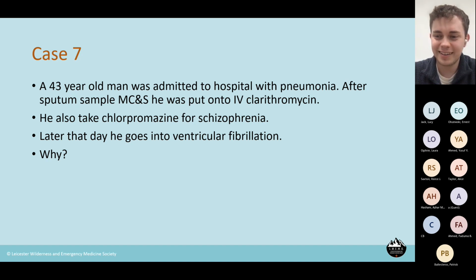It's definitely long something is what I'm getting at. Yeah, that's right, long QT, yeah. So clarithromycin and chlorpromazine both cause QT interval prolongation, and that predisposes you to going into VF. So being on both those medications at the same time is what's caused that in this case.